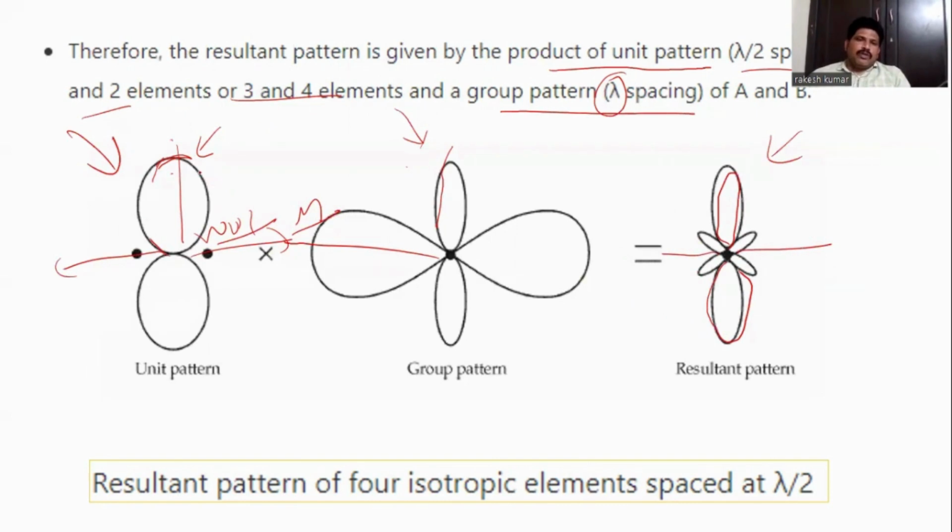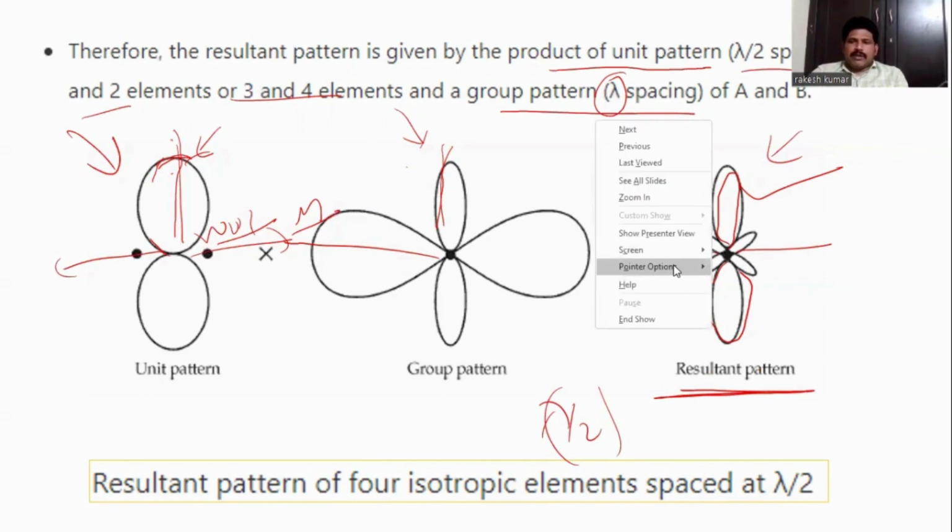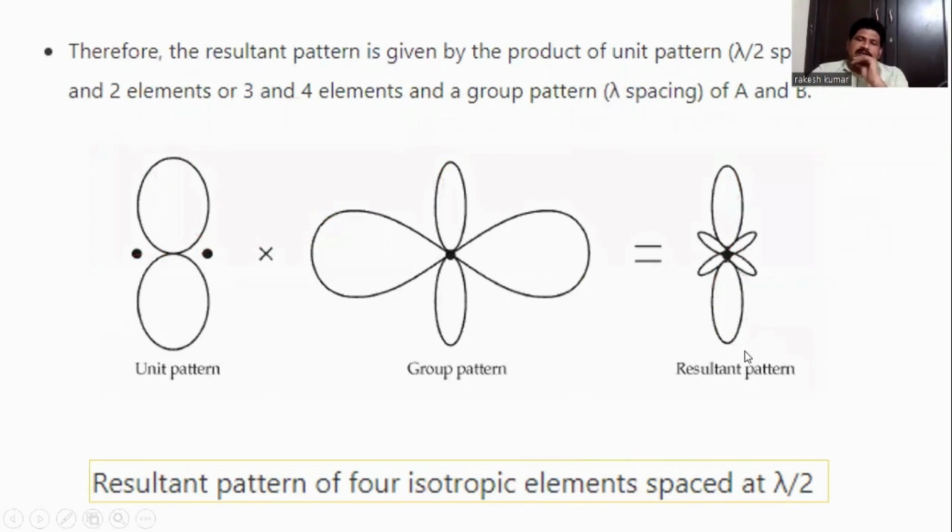Here maximum radiation means in that direction only you will get the maximum radiation. So this is the total resultant pattern of four isotropic antenna elements separated by lambda by 2. This is very simple, without doing all the calculations, simply by multiplying, we can obtain the total resultant field.